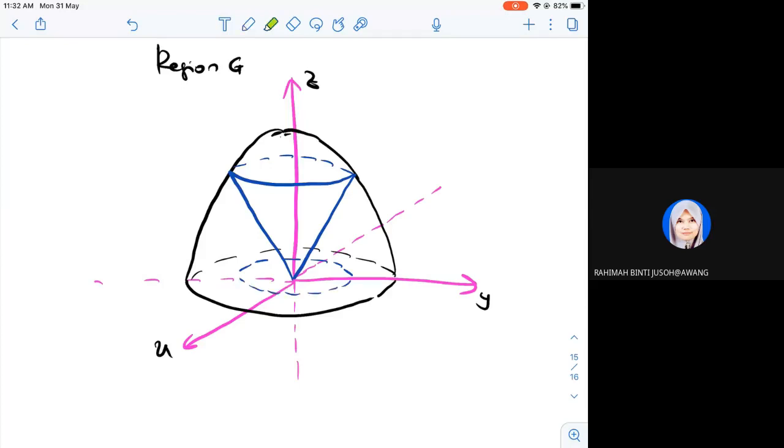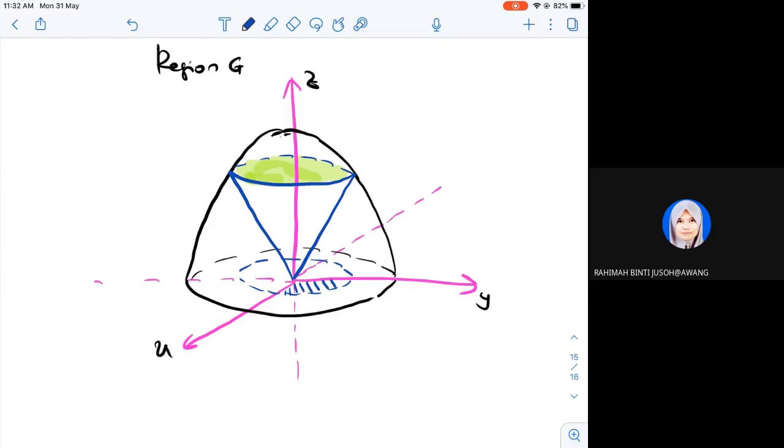Yang hijau ni, combination of the hemisphere and the cone should be yang bawah ni. Okay, but region R only this, only the first quadrant. So what happened? Kita hanya ada suku ice cream tu sahaja. Okay, only quarter of the ice cream lah.